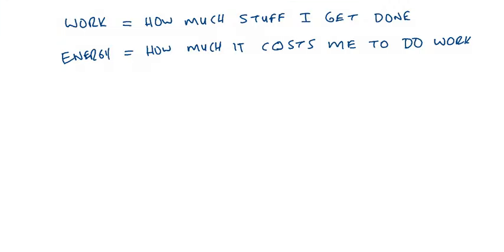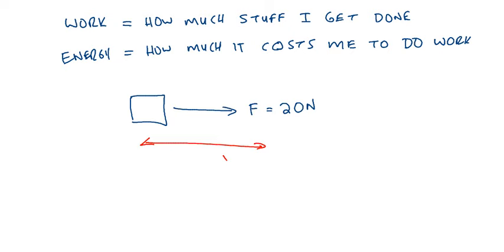Let's do a little example here just for fun. The box again is here, and let's say that we apply a force of 20 newtons, and I move the box some distance D, 3 meters perhaps. So work equals force times distance.